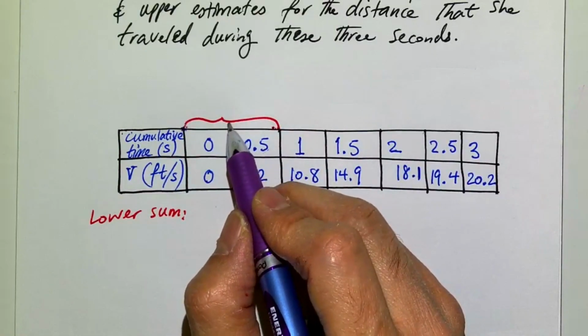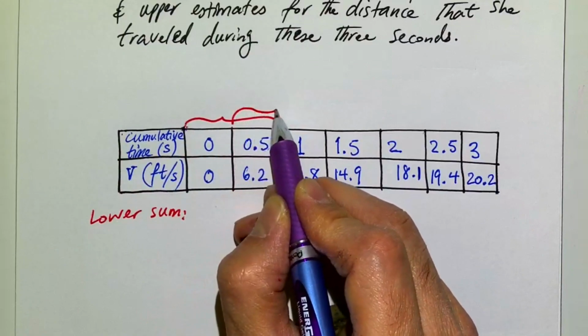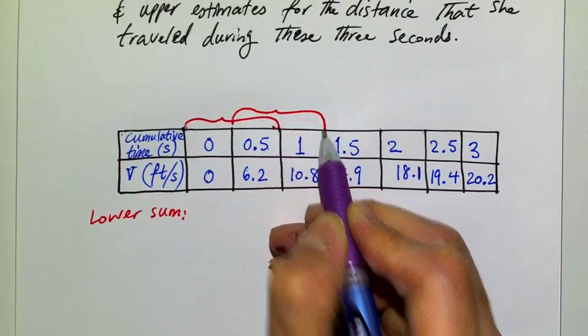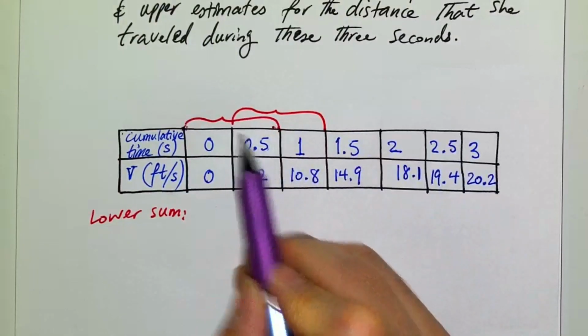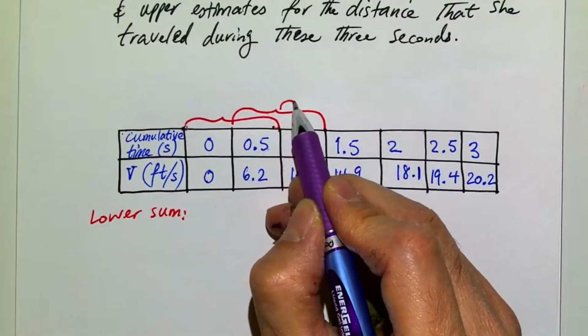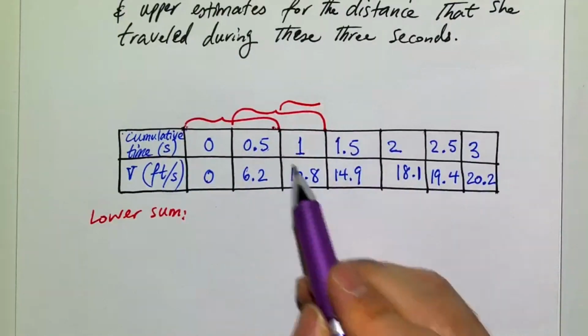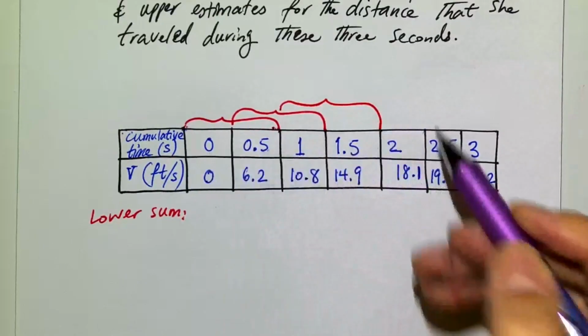And then another one would be from here to here. I'm hoping you can see how this is working. So the second interval is from 0.5 to 1 second. Then this interval would be from 1 to 1.5. Do you see how they're overlapping?